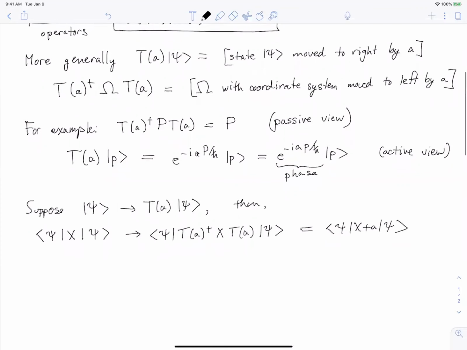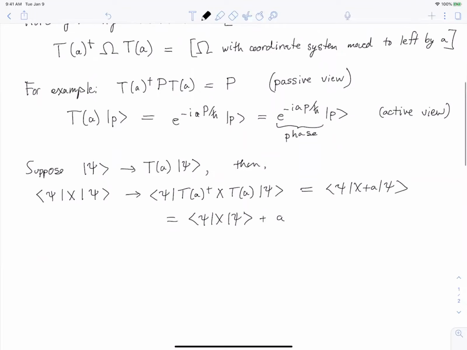Okay, and the number a we can just pull out. And so this is equal to the expectation value of x in the state psi plus the number a. There I'm assuming the state has been normalized.